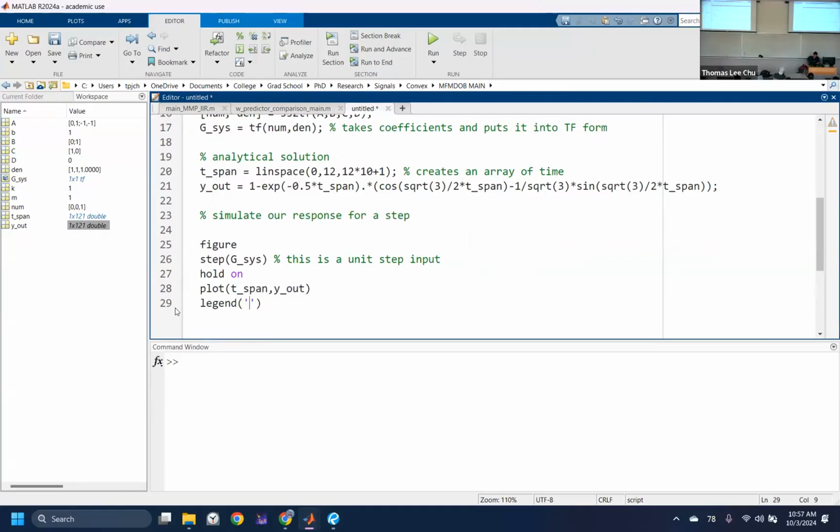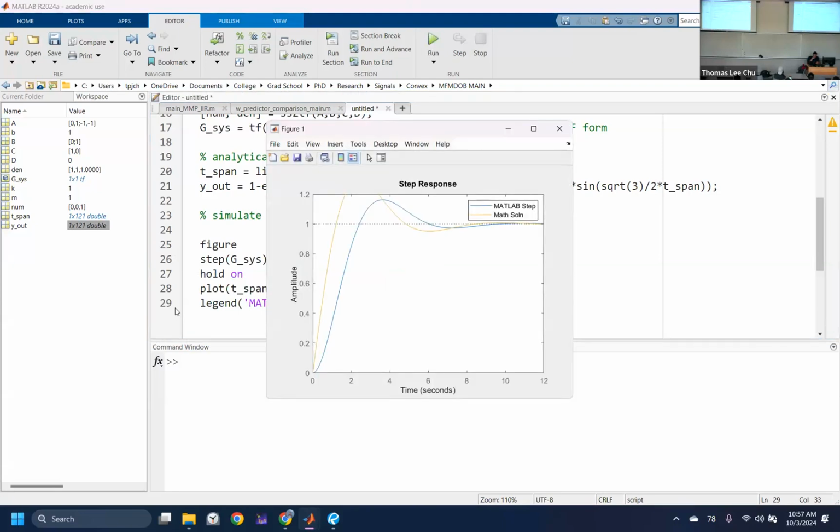Let's create a legend: MATLAB step solution, and then this is our math solution. I hope it matches. No, it doesn't match.